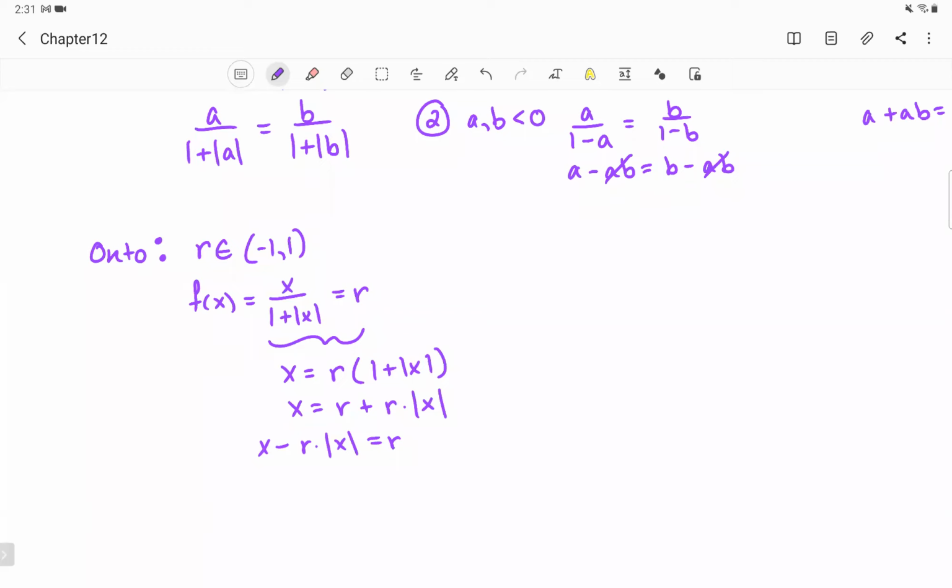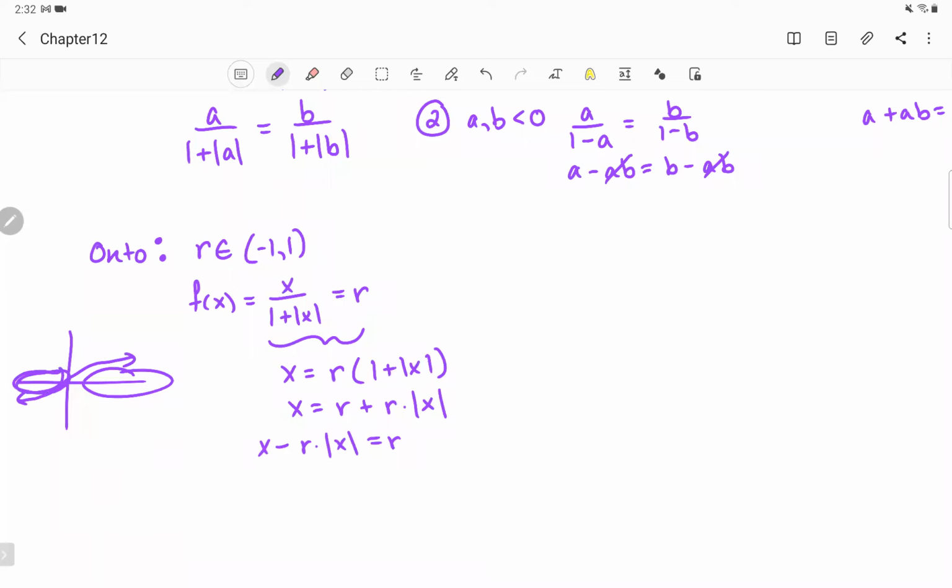Does that make sense? So we look back at our graph. Our graph looked like this. If I want to output a value between 0 and 1, what type of x's am I using to get those outputs? The positive x's. If I want to output a value between 0 and negative 1, I use negative x's.